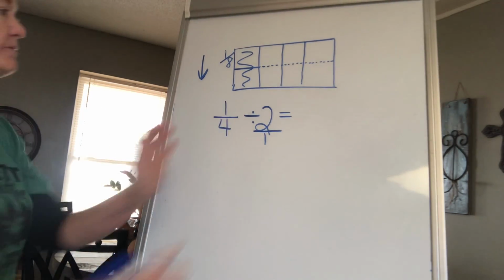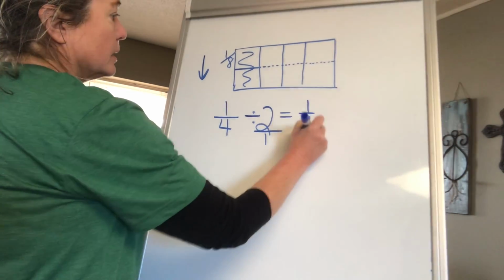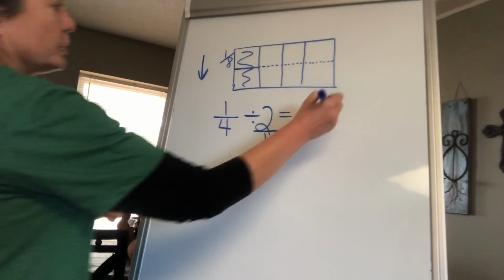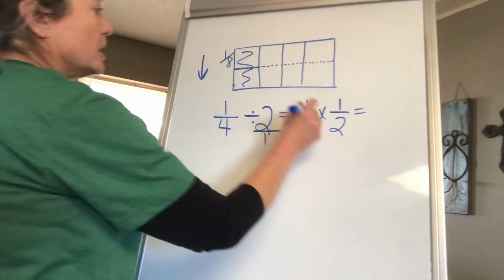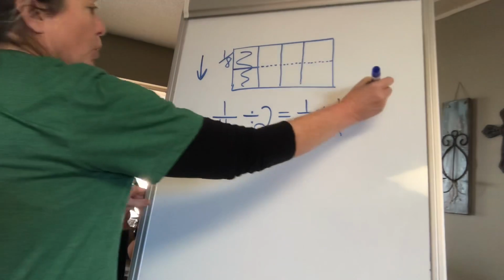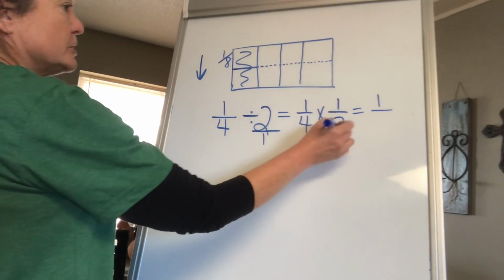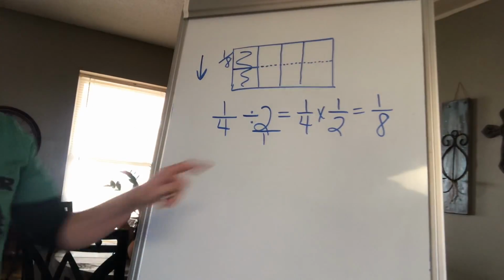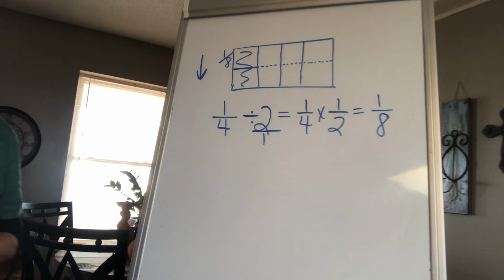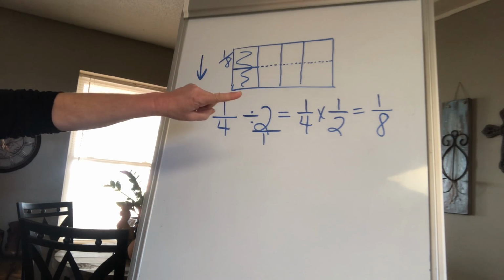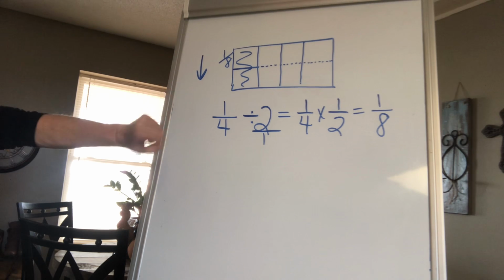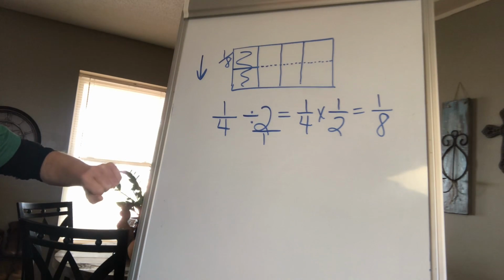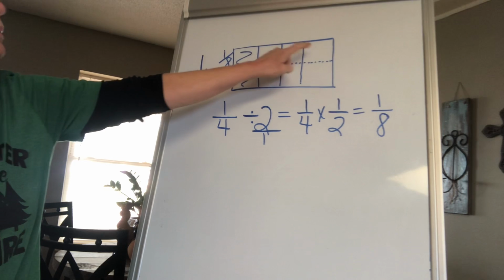We slide the first one over, we flip or get the reciprocal of the second, and we multiply. So 1 times 1 is 1. 4 times 2 is 8. I get 1/8, and we know that's reasonable. We knew it was going to be less than 1 because they only had 1/4 to start with. And in our diagram, we determined that each one would be 1/8.